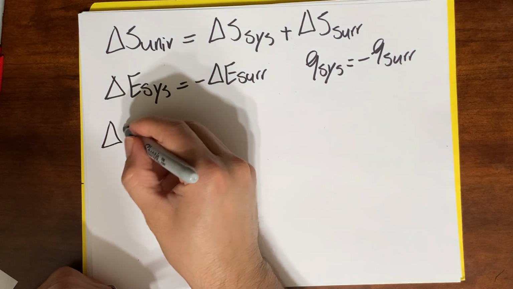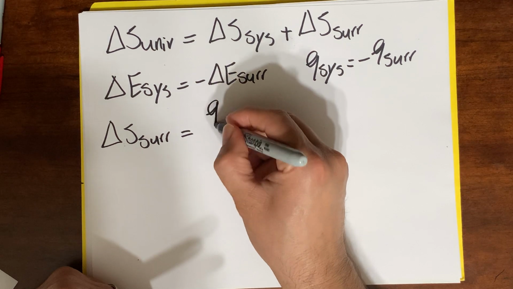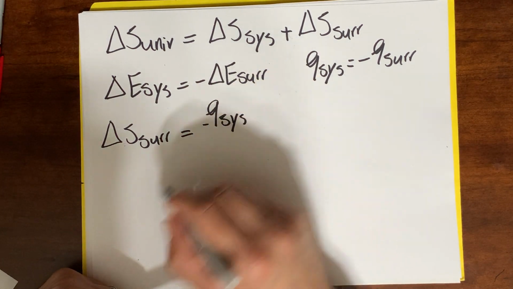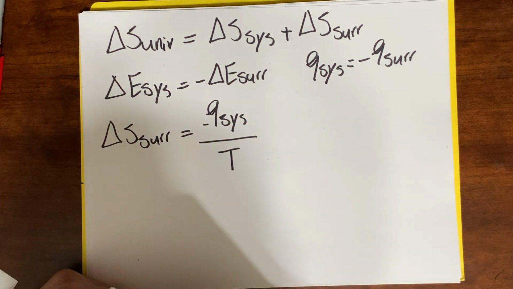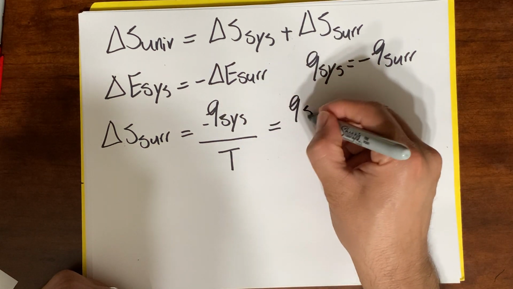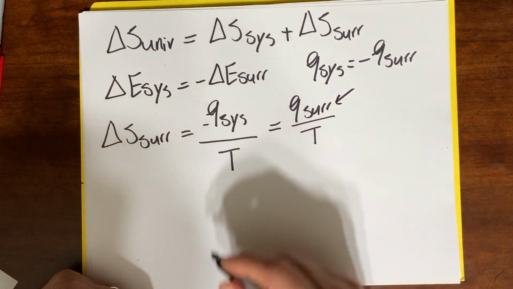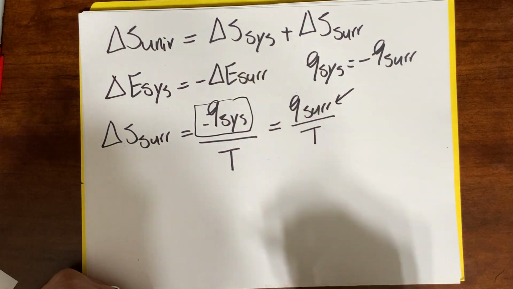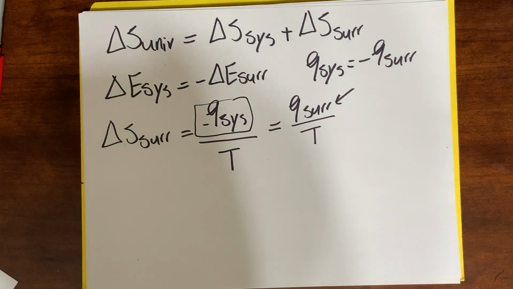Change in entropy of outside, we can get through this: minus Q of the system divided by T. Or you can say Q of the surrounding divided by T. We don't have this part, but we know it's going to be equal to minus Q of the system. So I will use this one to calculate delta S of the surrounding.